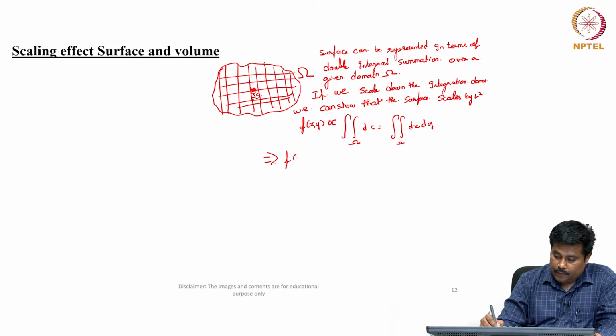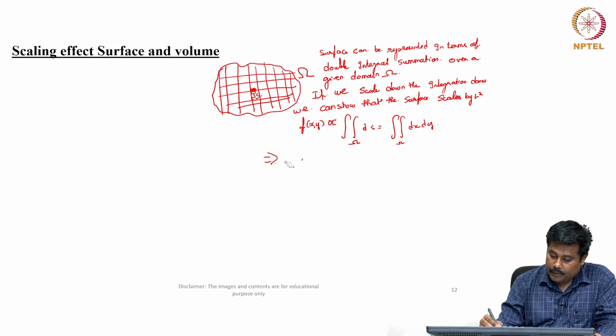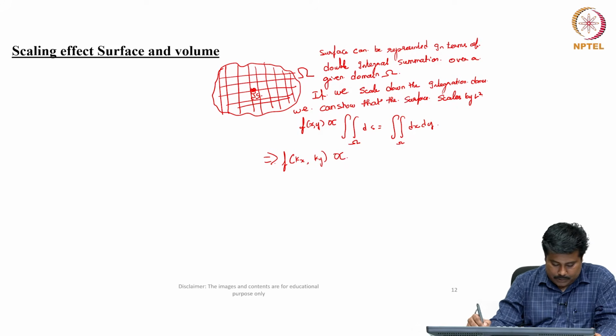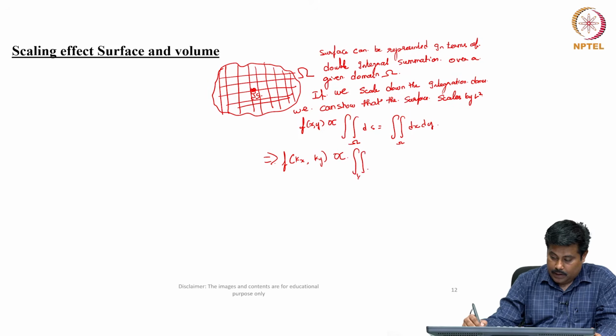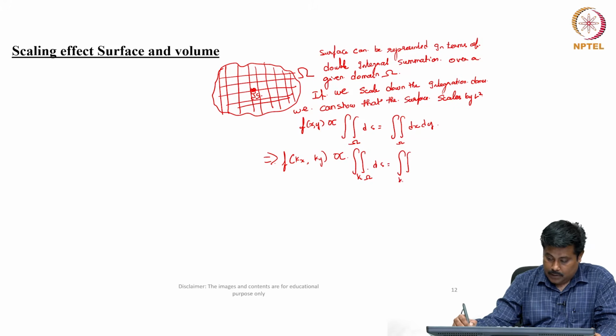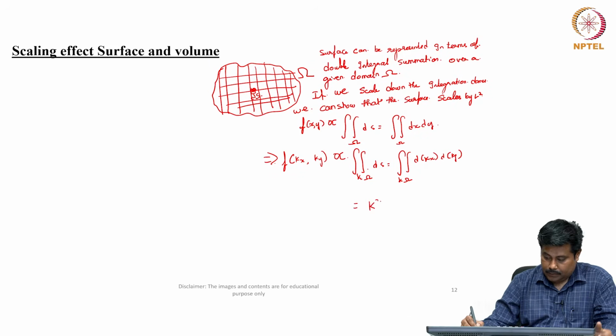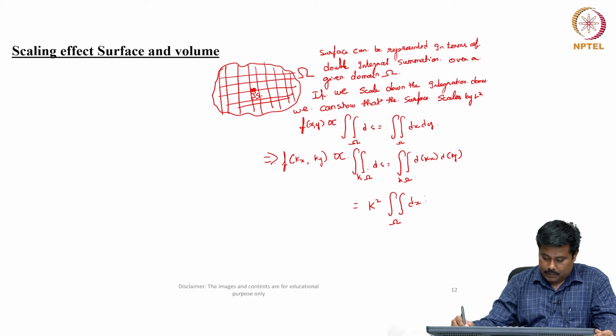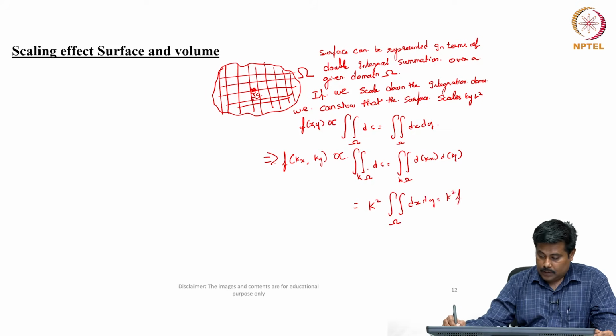So f of kx, ky is directly proportional to the integral over k omega of ds, which is the integral over k omega of d(kx) d(ky), which is equal to k squared times the integral over omega of dx dy, which is k squared f of x comma y.